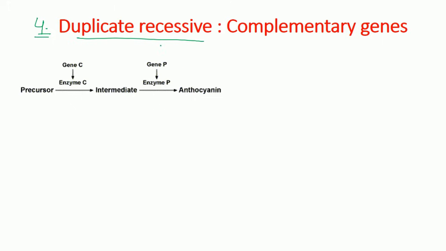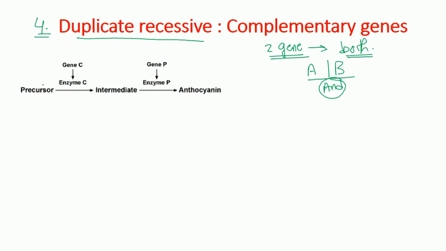In duplicate recessive epistasis, it is the same scenario, two genes are present that can act as epistatic genes, but in this case both genes are required. So gene A and gene B, for example, we require both. In case of duplicate dominant, gene A or gene B, any one of them can take effect, but here we need both of them to see the effect.